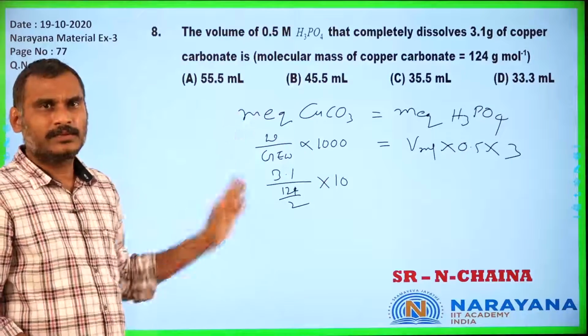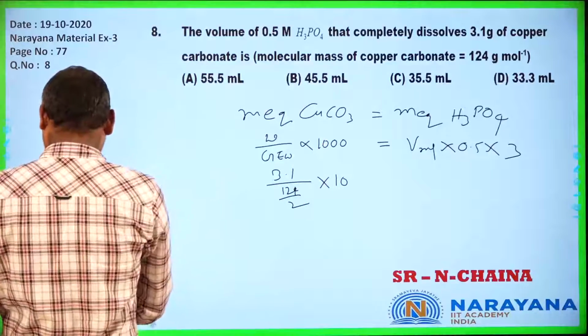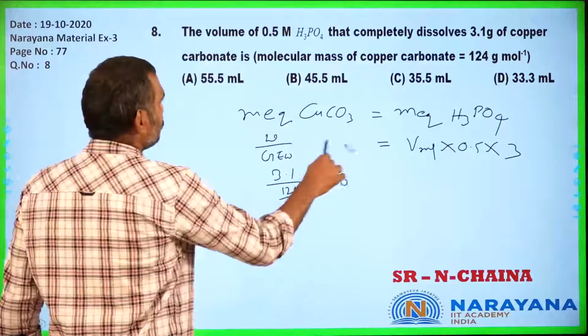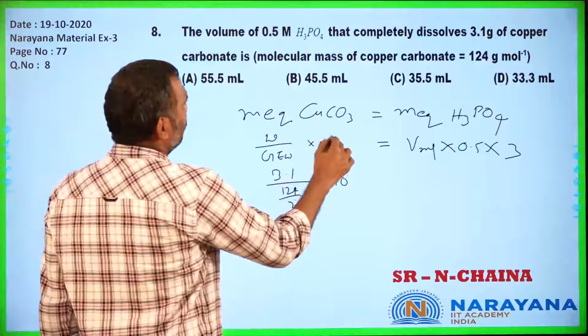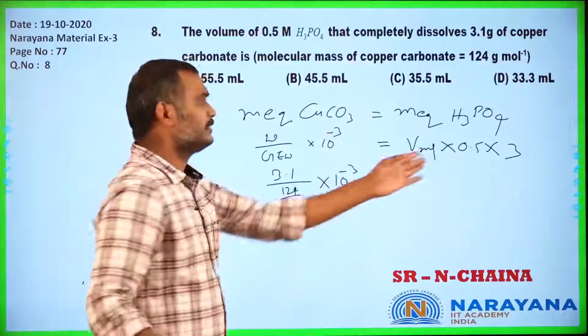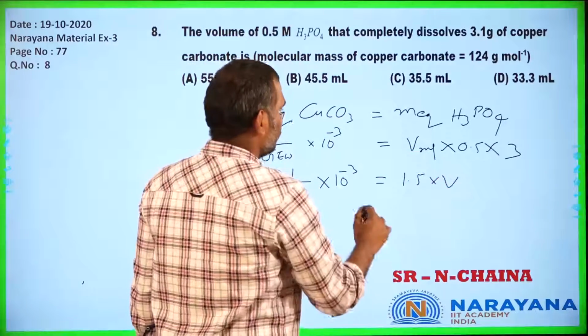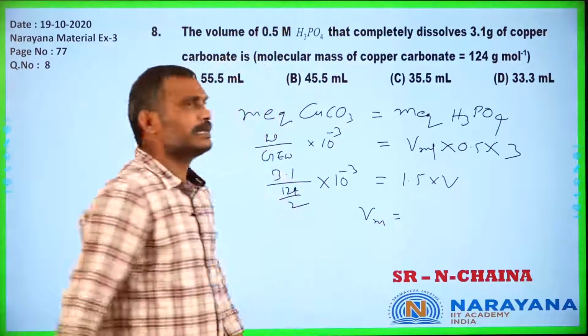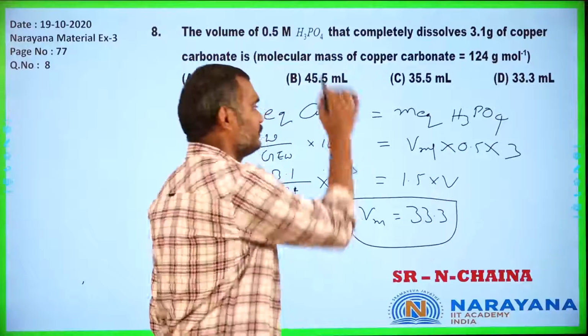Sorry, here you have to write 10 power minus 3. You will get the answer: 1.5 into V. That is, volume in milliliters, after solving, you will get 33.3.